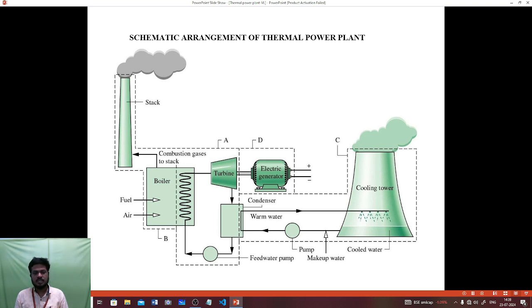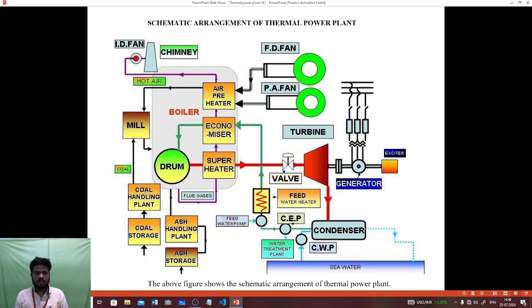The condensed water is then recirculated by the feed water pump to the boiler. And then the combustion gas is sent to the stack, which is nothing but a chimney, to eject the unwanted gases from the turbine and the boiler.